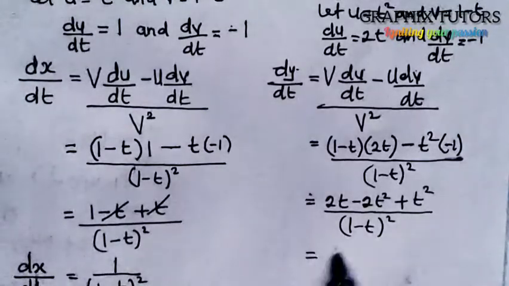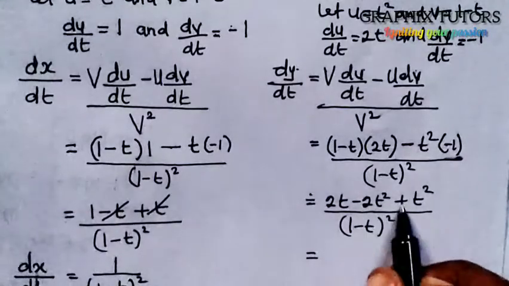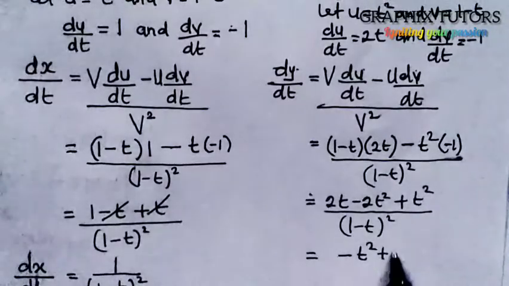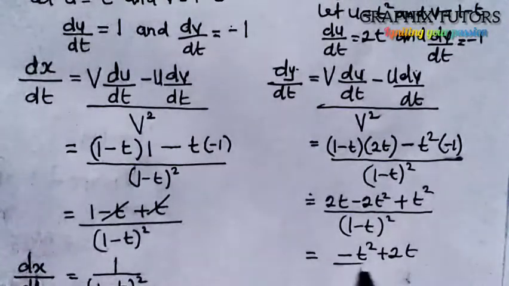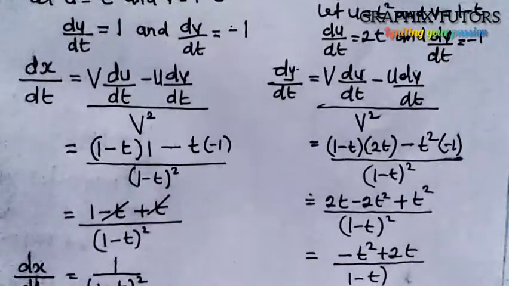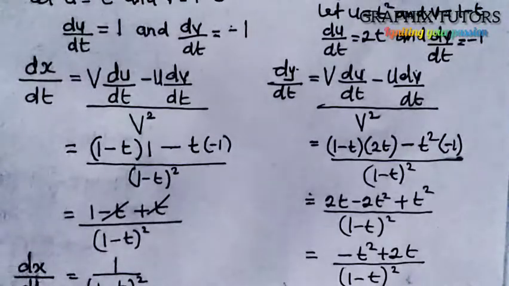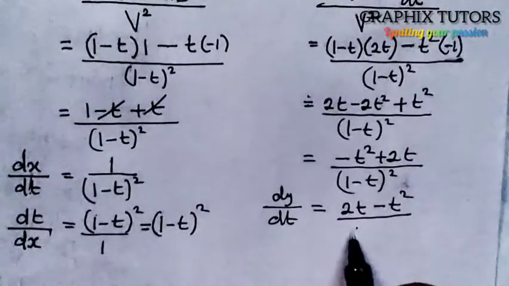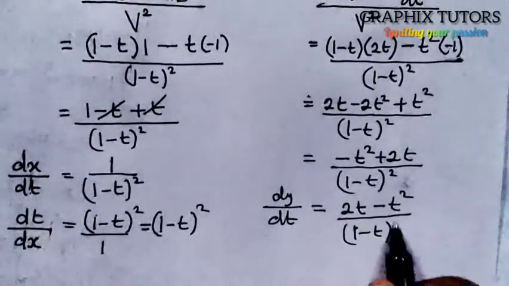So from here, this will now be 2t, minus 2t squared plus t squared will give you minus t squared plus 2t, all over 1 minus t all squared. So from here, I can easily say that my dy over dt is equals to 2t minus t squared all over 1 minus t all squared.